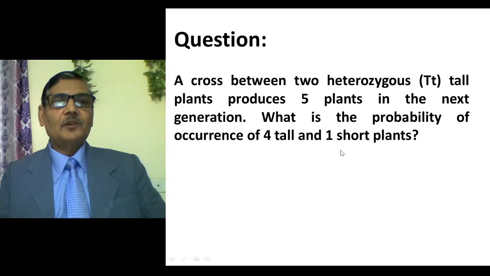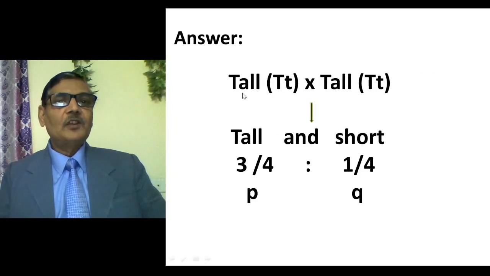Such kind of questions can be solved by using the binomial distribution formula. It's quite simple to solve, and many cases of this kind can be solved by such a formula. See here how this will be done. As I said in the question itself, 2 tall plants are there, they are heterozygous, they are being crossed.